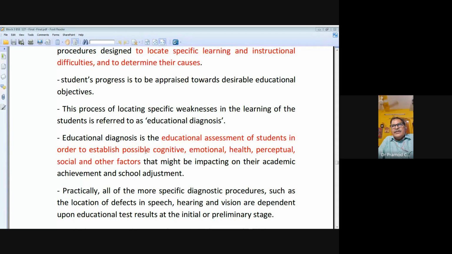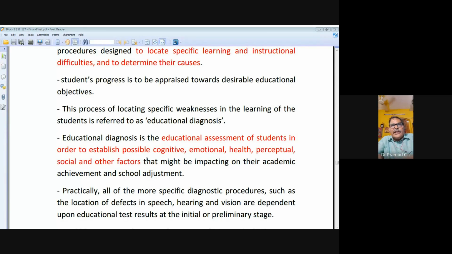But in the educational aspects, we must keep in mind the cognitive, emotional, health, perceptual, social and other aspects of the child. These also affect the child's achievement, in the academic sphere and the adjustment sphere inside the school.